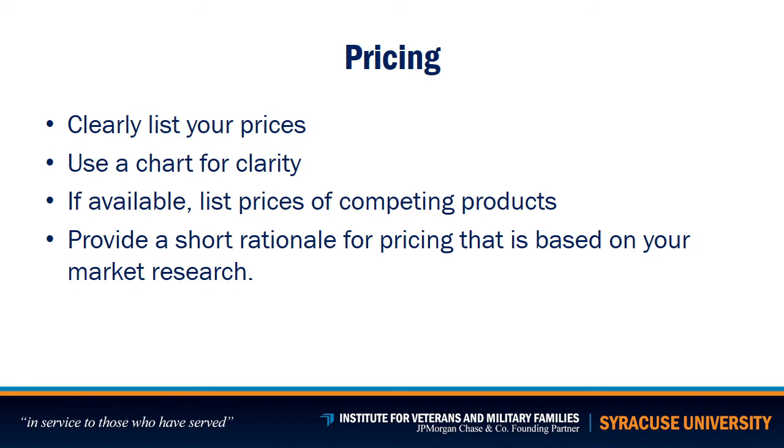The price could be whatever it is, and who knows if that's realistic or not. But if you say something like 75% of the respondents to my survey indicated that they would pay between $15 and $18 for this product or service, then that makes more sense. Then if you're priced at $17, it makes perfect sense as to why you've priced it that way, because you're basing it on your actual market research.